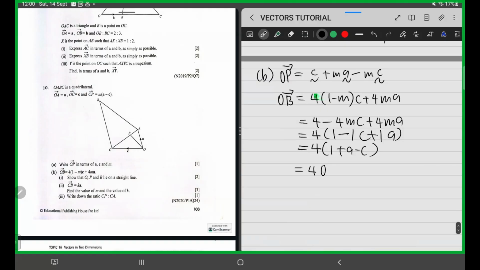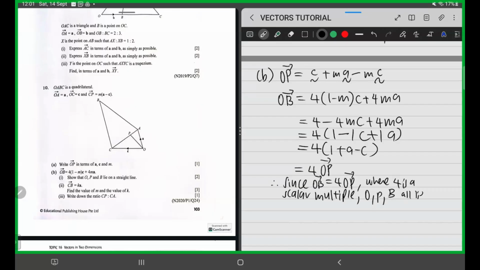4 OP. So therefore, since OB equals to 4 OP, where 4 is a scalar multiple, O, P, B all lie on the same line.